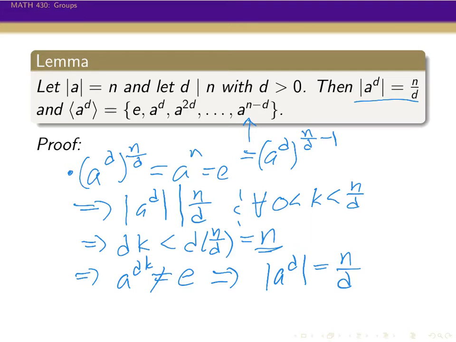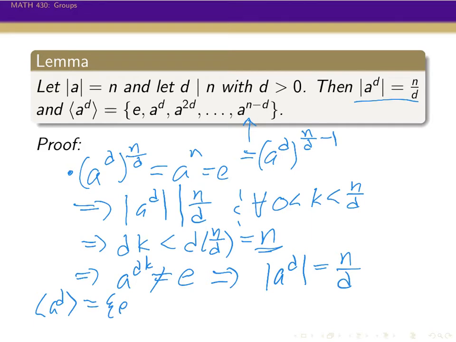Well, now that we know that the order of a to the d is equal to n over d, now if we take the generator of it, this is just going to be all the powers of a to the d up to n over d minus 1. And so by what we saw before, a to the d is going to have n over d elements.